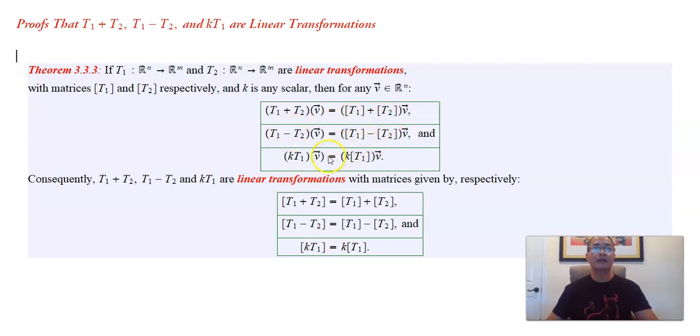Similarly for the difference, and for K times T1 at V, you take V and you multiply it by the multiple of the matrix for T1 by the scalar K. By the uniqueness of the matrix for a linear transformation, this tells us that the matrix for T1 plus T2, which we write this way, has to be the matrix of T1 plus the matrix for T2. And similarly for the difference and for the scalar multiplier.